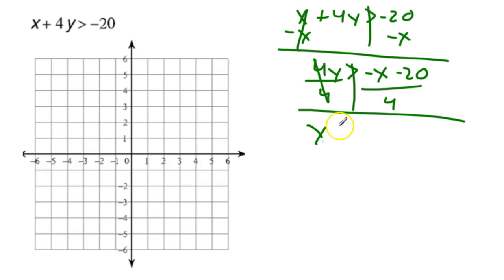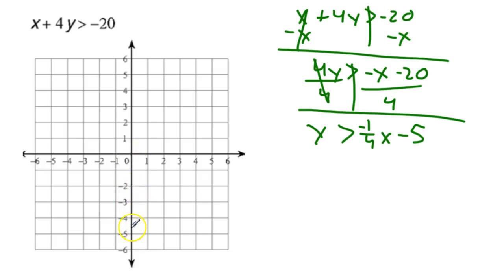I have y is greater than negative 1 over 4x minus 5. Alright, first step done.